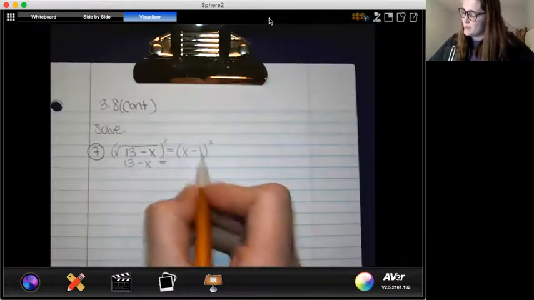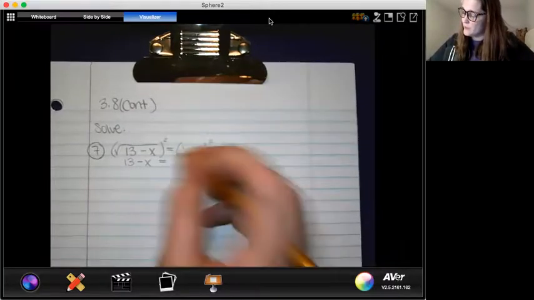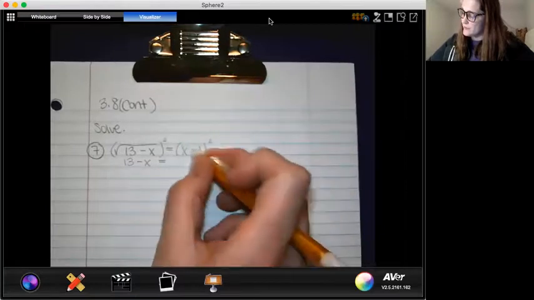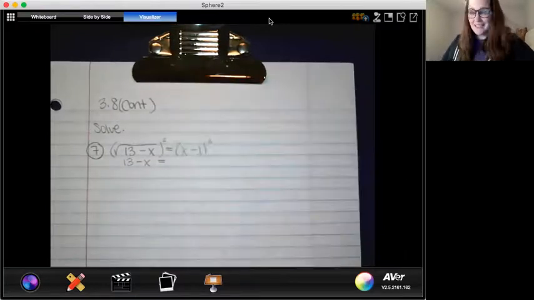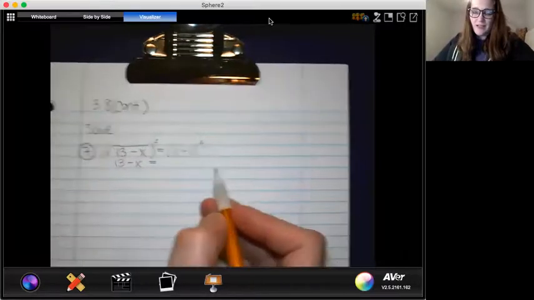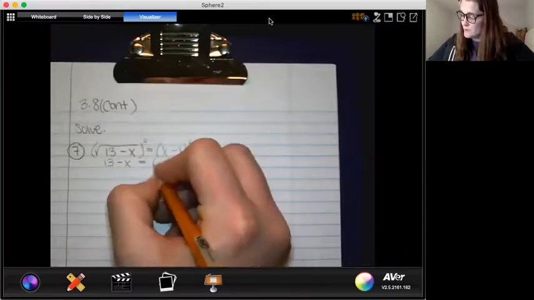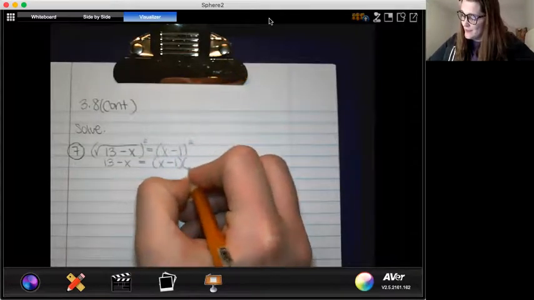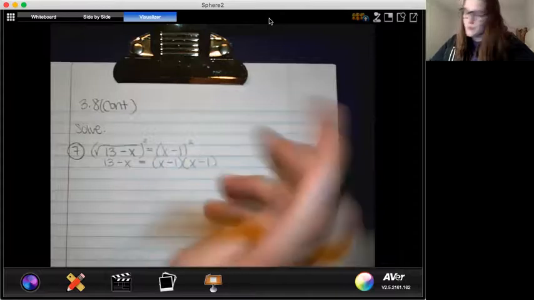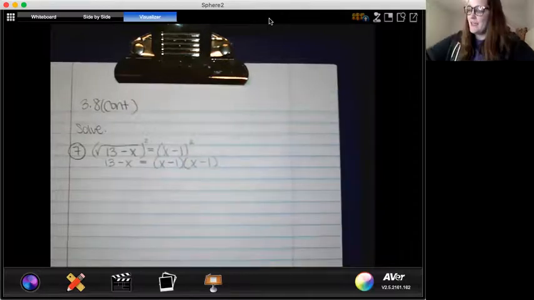Now, what happens on the right side? We have a binomial squared. So that means I cannot just simply distribute my square. I actually need to write it twice and FOIL. Again, you cannot distribute the square. You must write it twice.